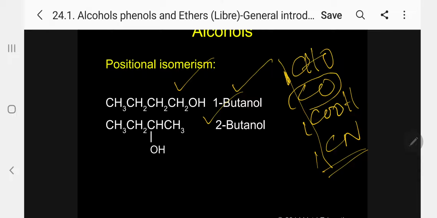But in the case of carbonyl, even though we are not giving 1, it comes under metamerism because it occupies the center. So that also comes under carbon containing functional groups. That means it will not show positional isomerism, but it will show only metamerism. So kindly remember this.